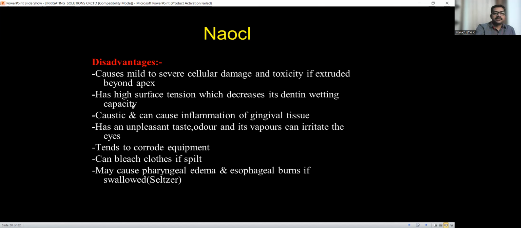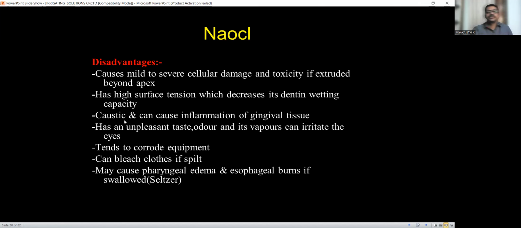So these are the disadvantages. I would like to repeat: it causes mild to severe cellular damage and toxicity if extruded beyond the apex, which is usually known as sodium hypochlorite accident. That is usually asked as a short essay or a short note for your part 2 BDS exam. It has high surface tension, which decreases its dentin wetting capacity.